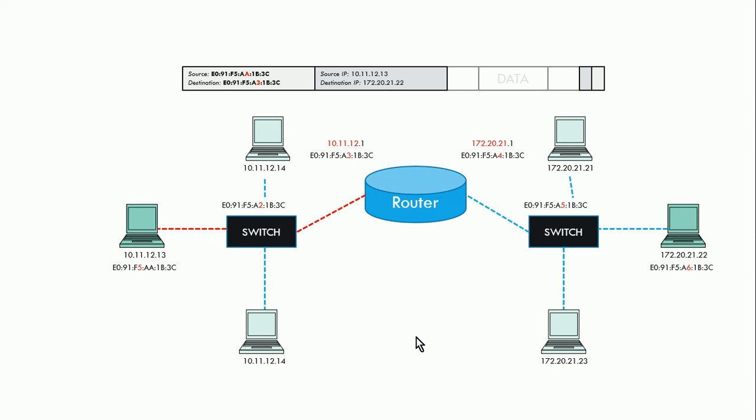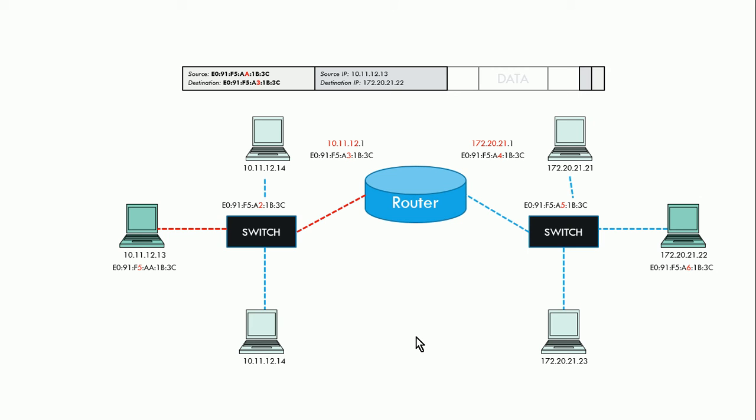So in my computer on 12.13, I have a small table that, along with the switch, or by querying the switch, is able to keep a list of all of the IP addresses and MAC addresses connected to that switch. So that way, when I need to get traffic to my default gateway, my computer simply tells the switch, take this datagram that I'm sending and send it to this MAC address, which I know is the router.